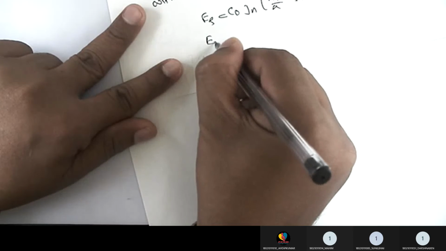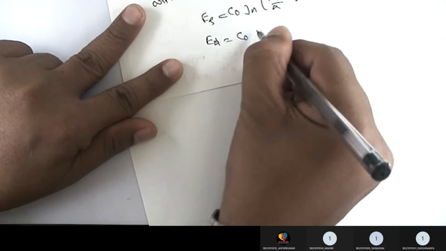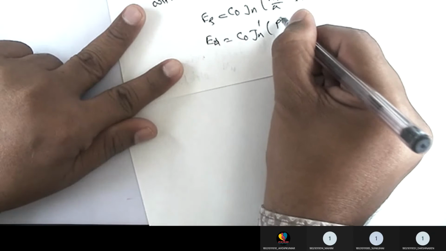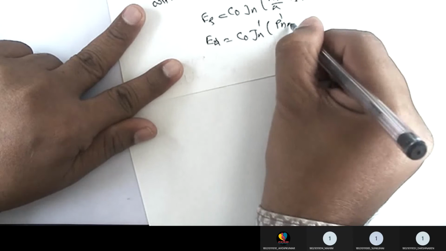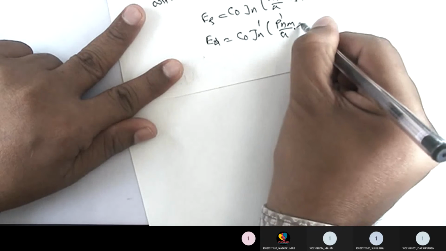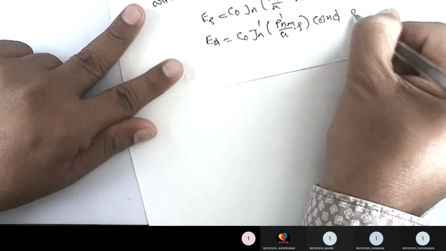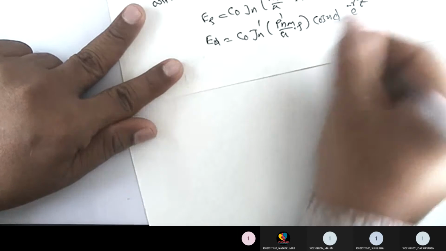Same way, E phi will become C0 Jn prime P'nm by a into rho, then cos n phi e raised to minus gamma z.